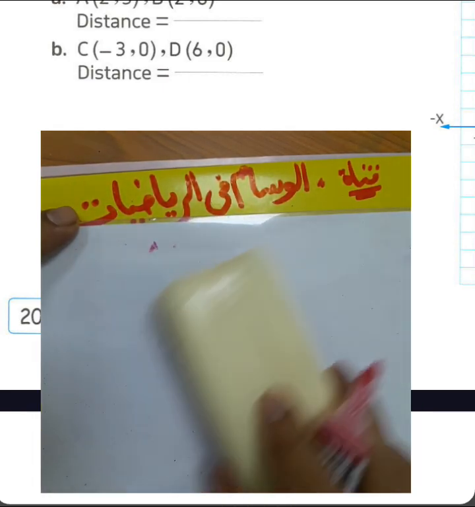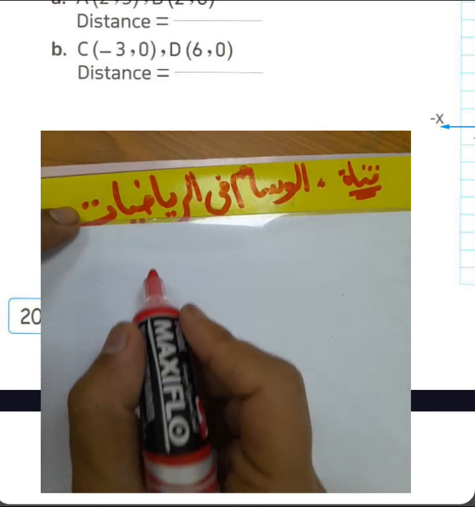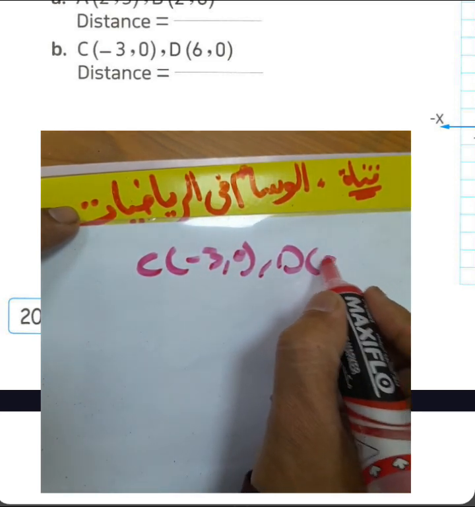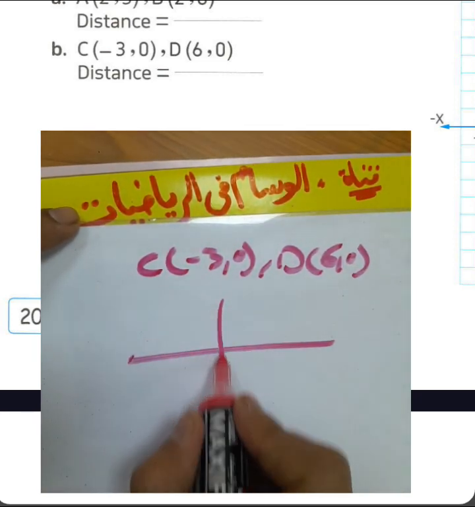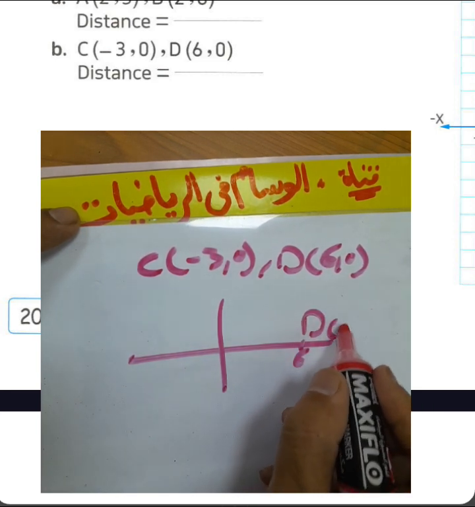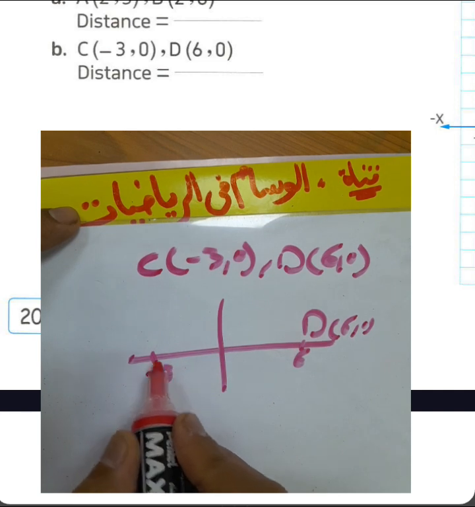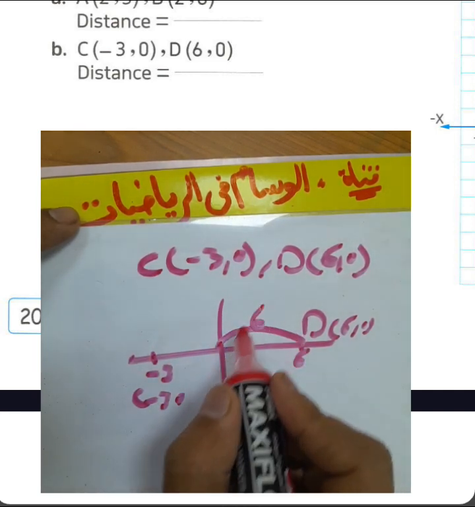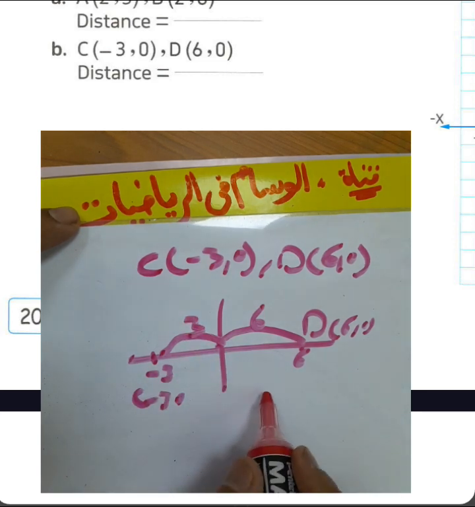Now I will solve letter B, the distance between 2 points, point C negative 3 and 0, and point D 6 and 0. We have here 6 and 0, this point 6 and 0, and this point negative 3 and 0. The distance here is 6 plus 3, it will be 9.